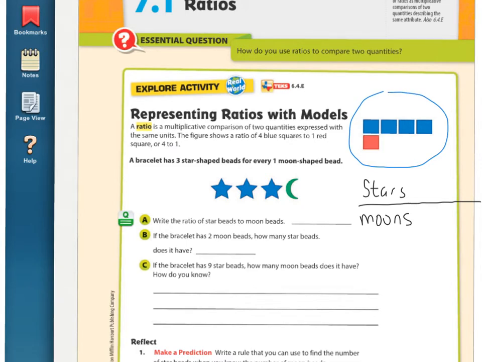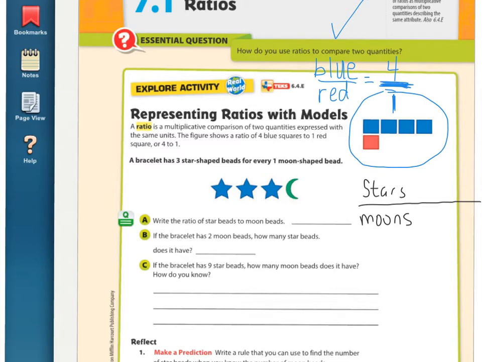And so you would say that the ratio of blue to red, okay, I want you to write this down. Blue to red is 4 to 1. Okay, there's a little fraction bar right there, 4 to 1. Blue to red is 4 to 1.